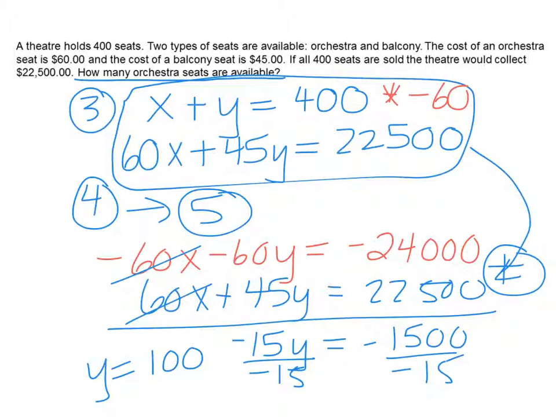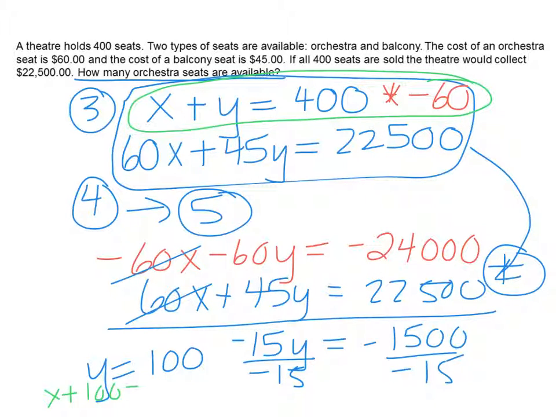So if I go up to this equation right here, and I substitute y is equal to 100, I'll have x plus 100 is equal to 400, and that would mean that my, apologies, I'm running off the screen here, x is equal to 300. Okay. Now I don't want to answer the question yet. I'm not ready to do that yet.